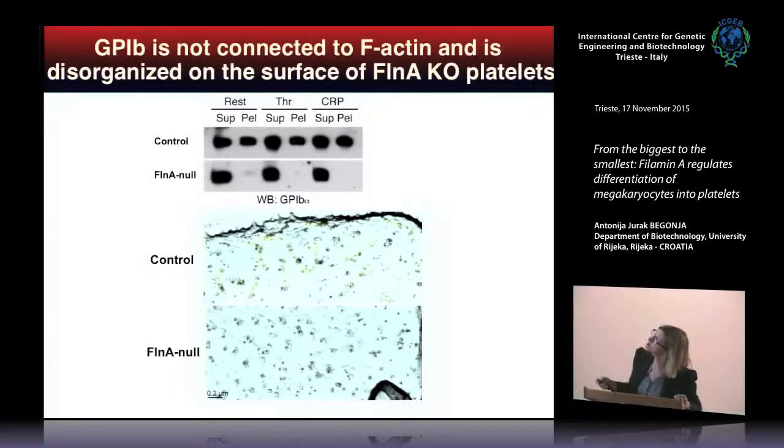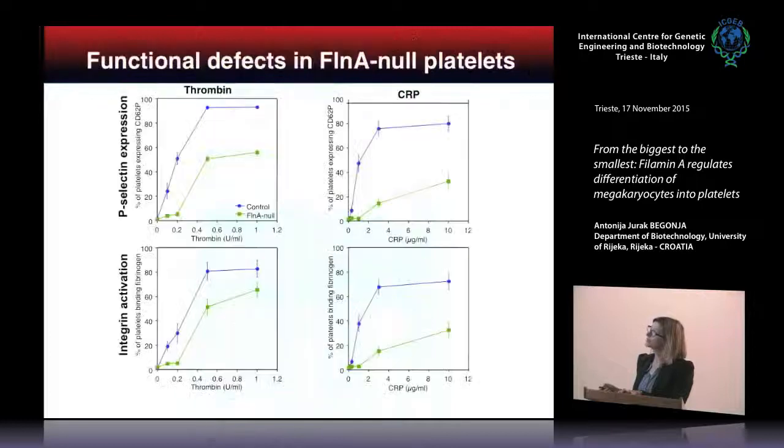In control animals we see distribution of our receptor kind of equally between unbound to the cytoskeleton and bound to the cytoskeleton. However, in Filamin A null platelets, there is nothing bound to the underlying cytoskeleton. Also, maybe here it is not so clear, but if there is no Filamin A, GP1B alpha, or the von Willebrand factor receptor, is randomly scattered on the surface of platelets.